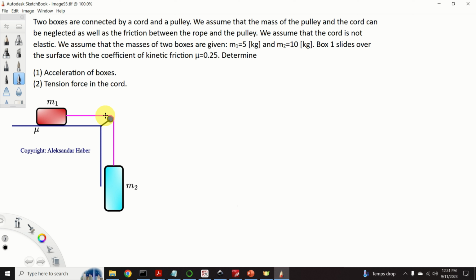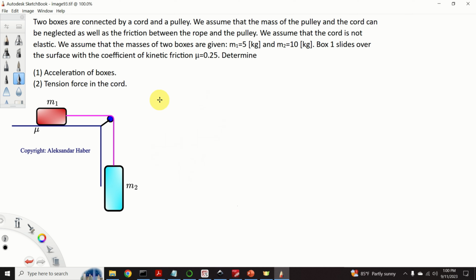We assume that the masses of two boxes are given. M1 is equal to 5 kg and M2 is equal to 10 kg. Box 1 slides over the surface with the coefficient of kinetic friction mu equal to 0.25. Determine number 1, acceleration of boxes. Number 2, tension force in the cord.